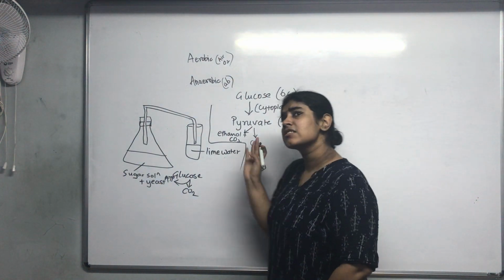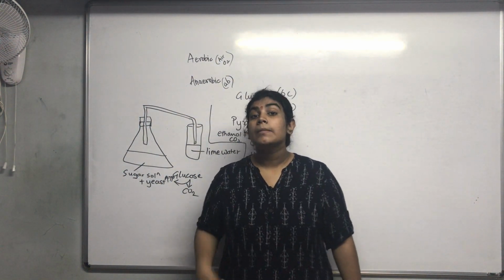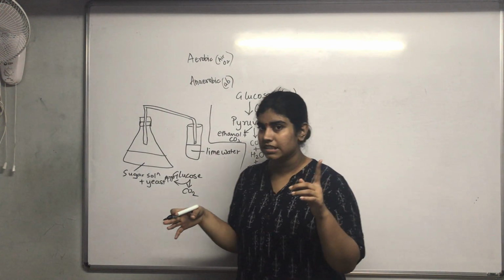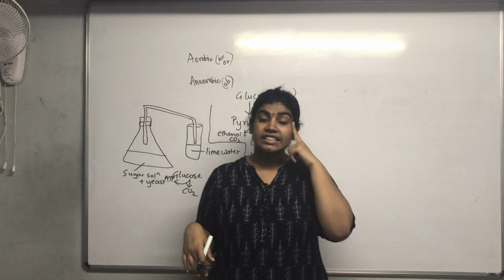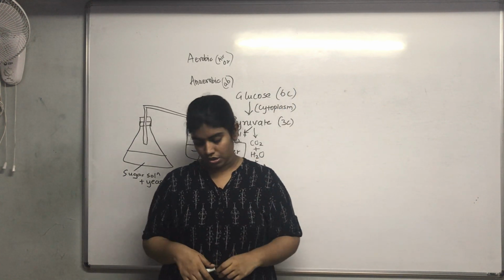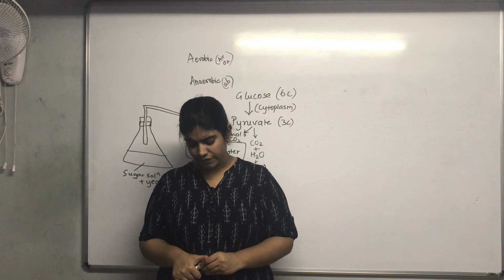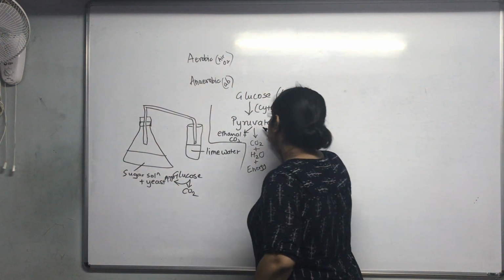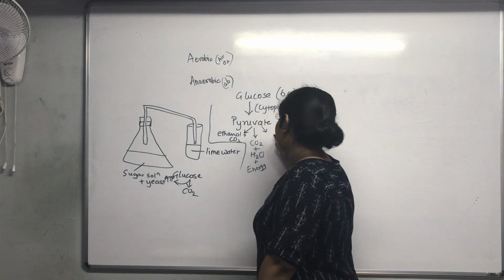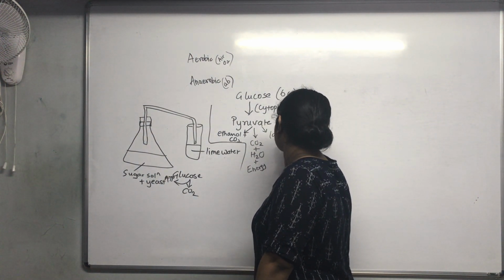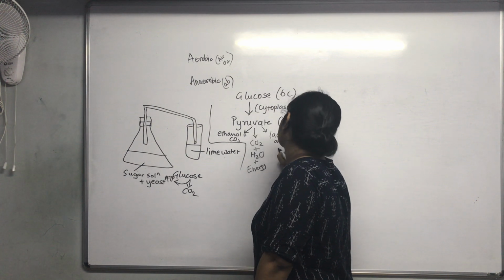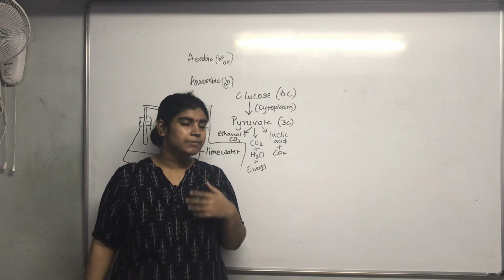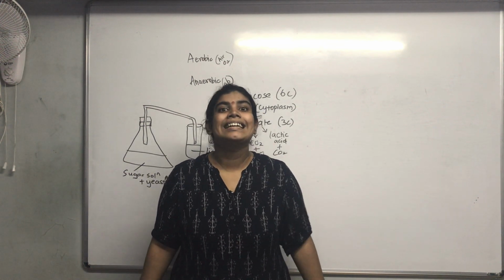Okay, and there is a third process which you all might be aware of, which happens in our muscles during certain time, that is the lactic acid formation. When there is not enough amount of oxygen present in our body, or maybe we are doing some vigorous exercise, suddenly we tend to get cramps.